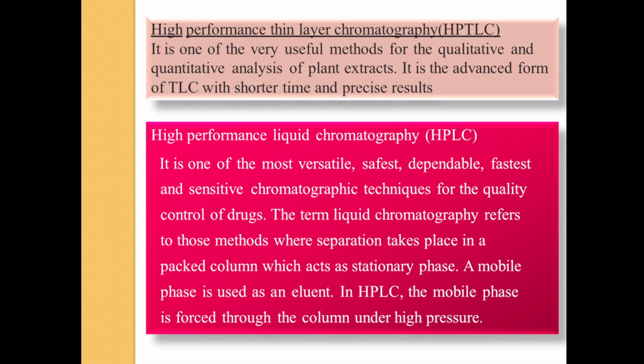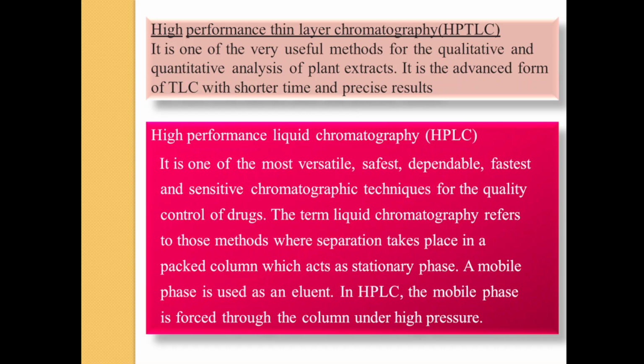For that reason high performance thin layer chromatography is used, which is completely operated by a machine and not done manually, so we get exact results as well. Both qualitative as well as quantitative analysis is done.